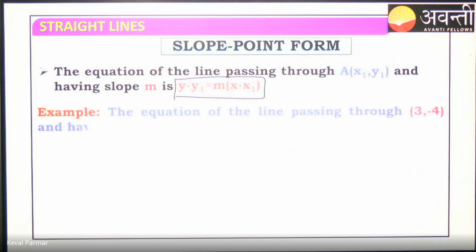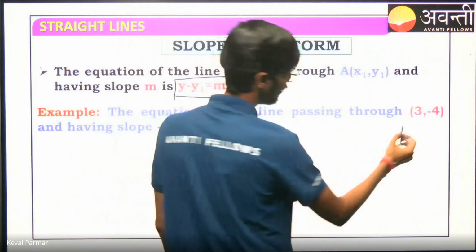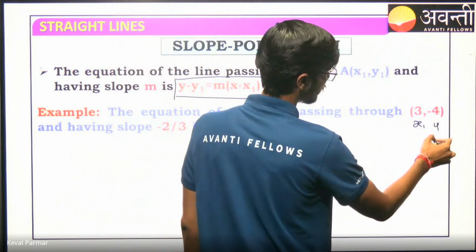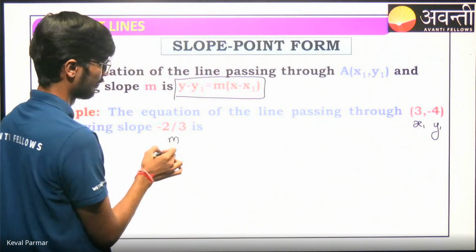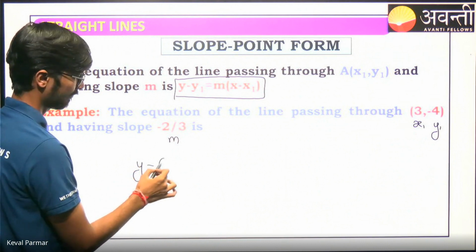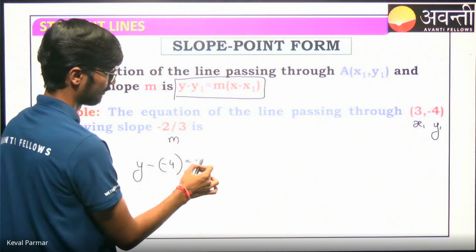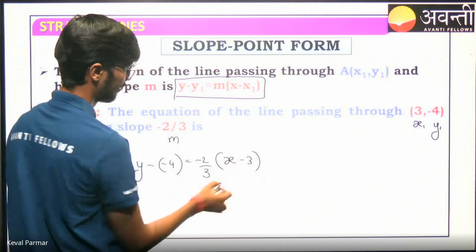What is the equation of this line? Just substitute the values. So this point is x1, y1 and this is m. So let's substitute. I'll get y minus of minus 4 is equal to minus 2 by 3 times x minus 3. Let us cross multiply.